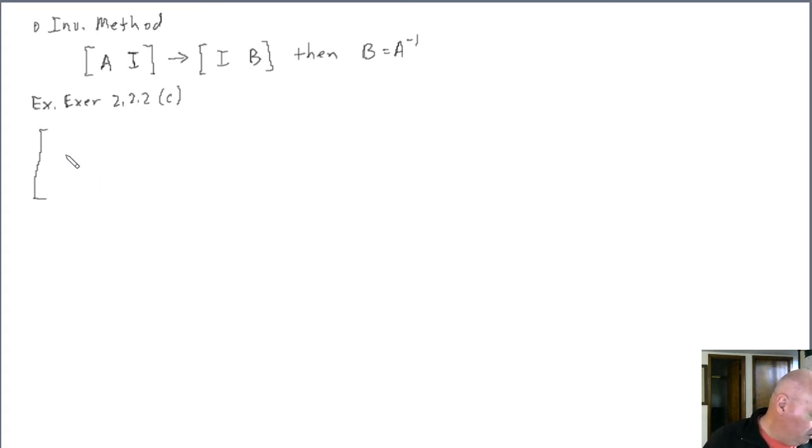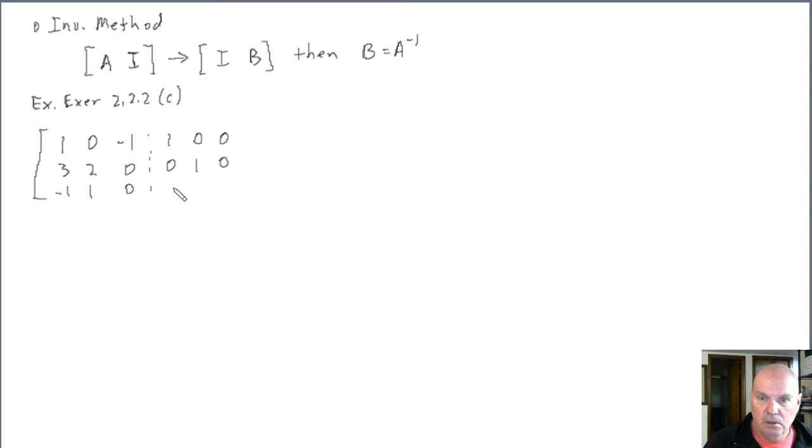In this example, the matrix A has first row 1, 0, minus 1, the second row is 3, 2, 0, and the last row is minus 1, 1, 0. Now I augment it with an identity matrix of the same size: 1, 0, 0, 0, 1, 0, 0, 0, 1.